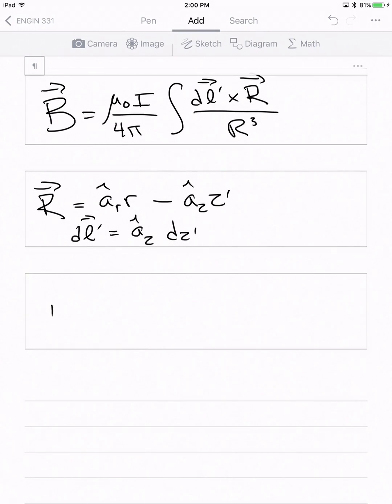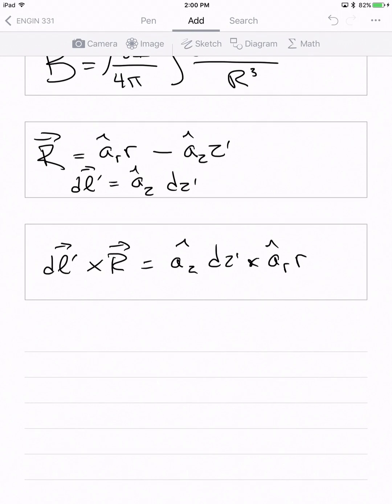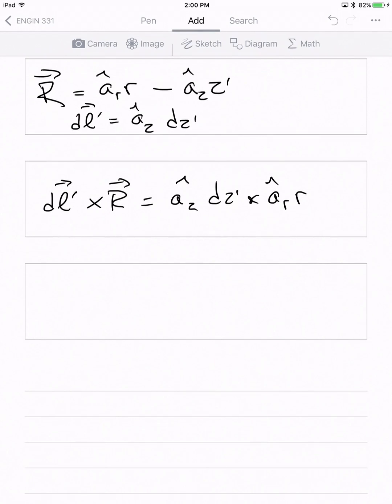So then dl prime cross R is equal to a hat z dz prime cross a hat r times r, because when you cross a z-directed unit vector with the z component of something, you get 0. So that cross product evaluates to a hat phi r dz prime.